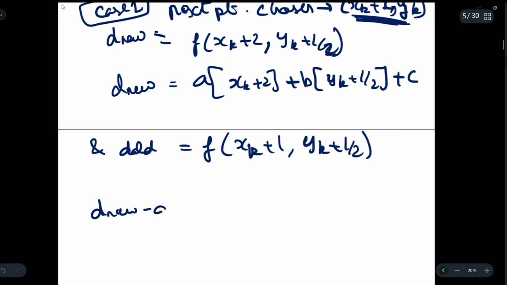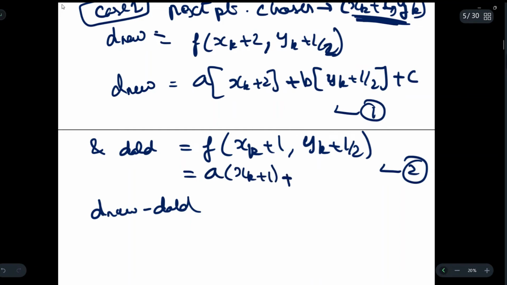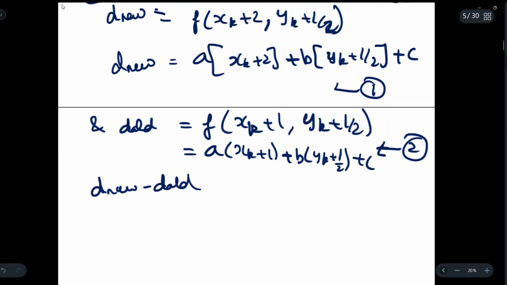Let us say this is equation 1, and this is equation 2. Let me write equation 2 in full form, that is a into xk plus 1 plus b into yk plus half plus c. So we are simply finding 1 minus 2. On subtracting this and this, we will get the final answer as a.